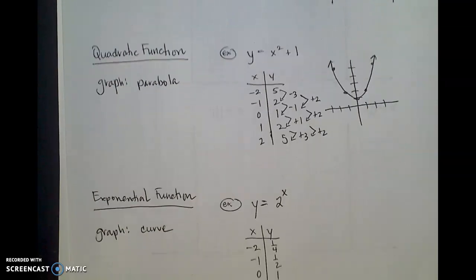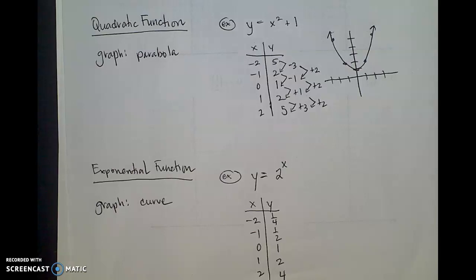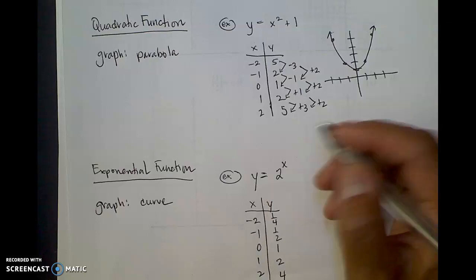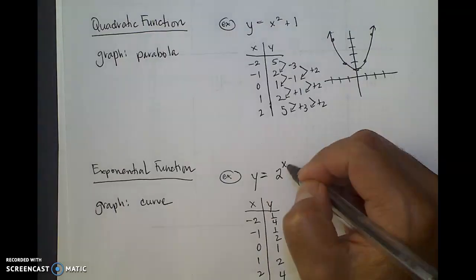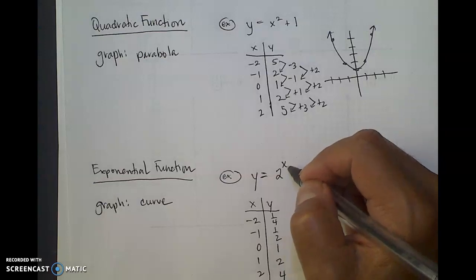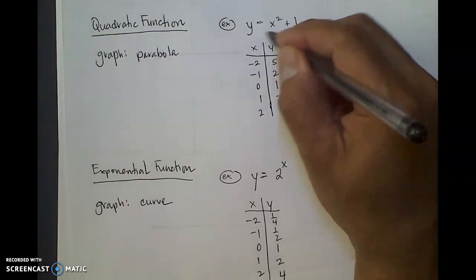Alright, so today we're going to talk about the exponential function. So here's an example of an exponential function, where our independent variable is the exponent. Again, very different from what we saw with the quadratic.